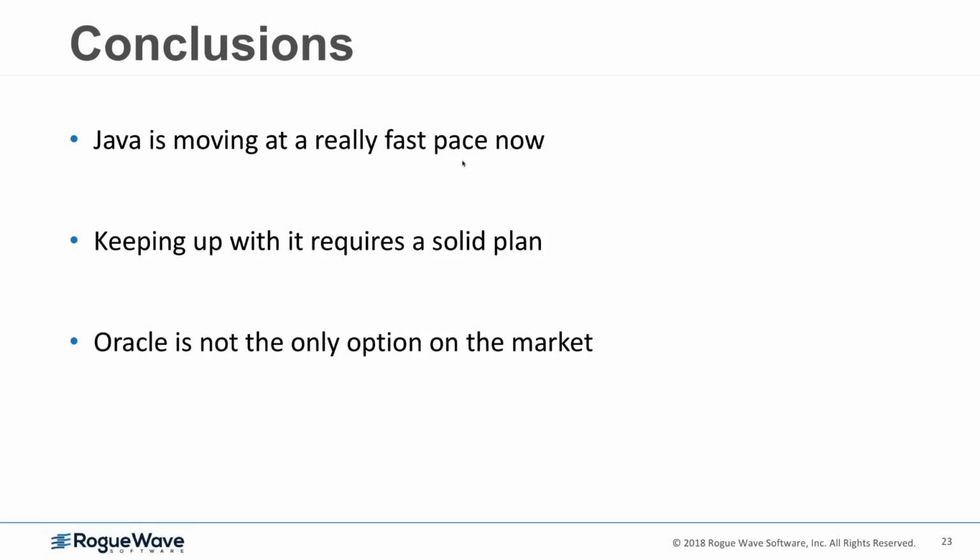Not upgrading is an option, but it still has to be a thought-through plan, because you need to get your security updates, not just for the JDK and the JVM, but also for your frameworks and libraries. So it needs to be a conscious decision.